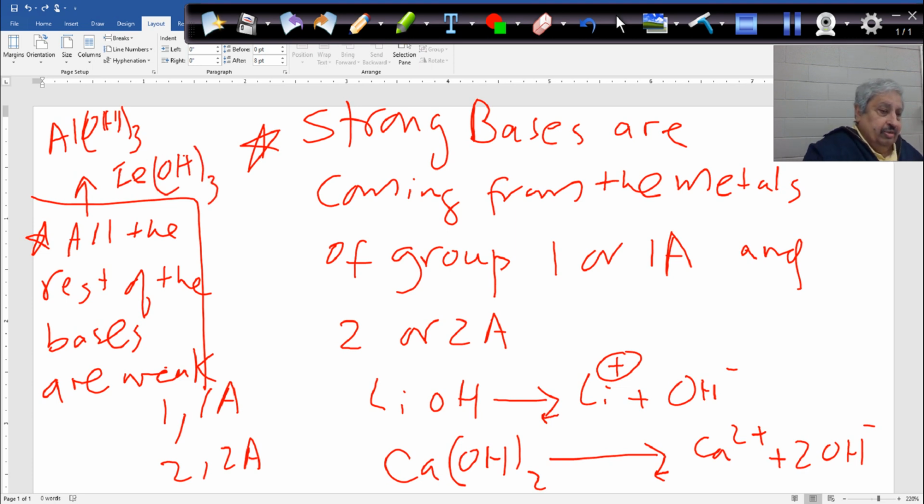This is 3 here because this has more than one charge. Aluminum hydroxide or iron 3 hydroxide, those are weak. But all the group 1A and 2A make very strong bases. The rest of the metals will make very weak bases. Okay, guys? So now let's go and look at the values.